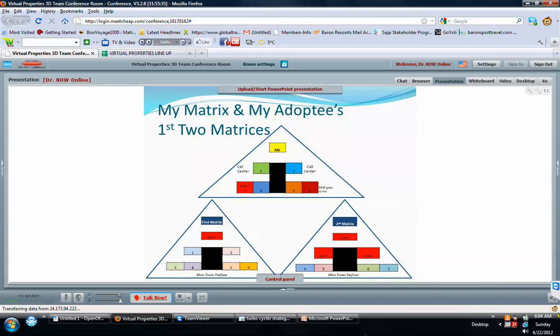Once you have those two members, there you see the ADP1, that's your adoptee. Your first one is on your pay line, because on the bottom four positions, 3, 4, 5, and 6, there is $800 that is paid directly to you, member to member. You receive that $200 from each member, for a total of $800, 200 of which you will then spend to adopt a new person.